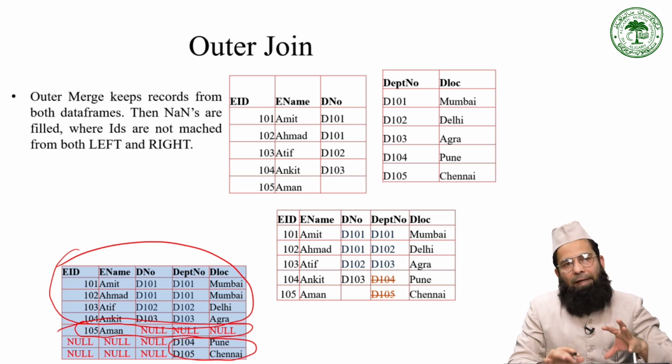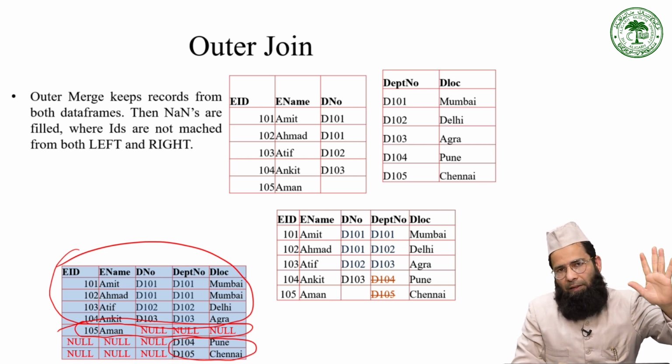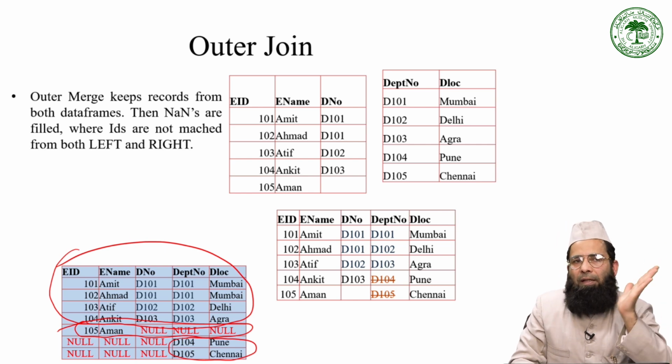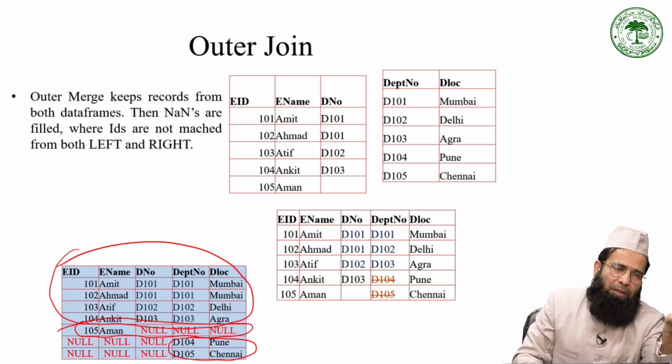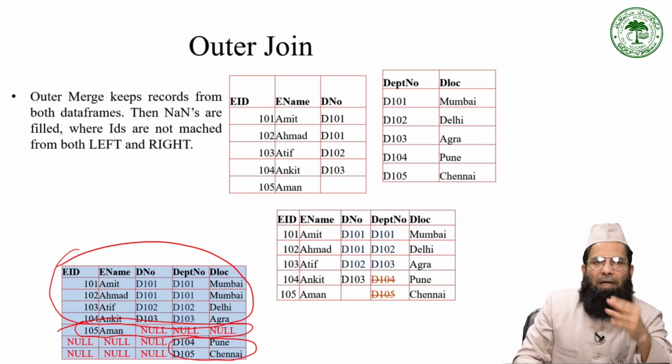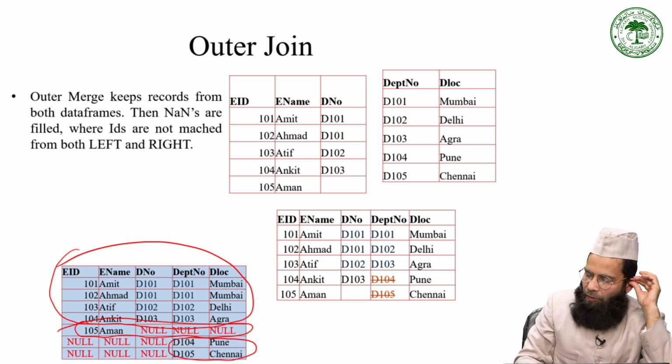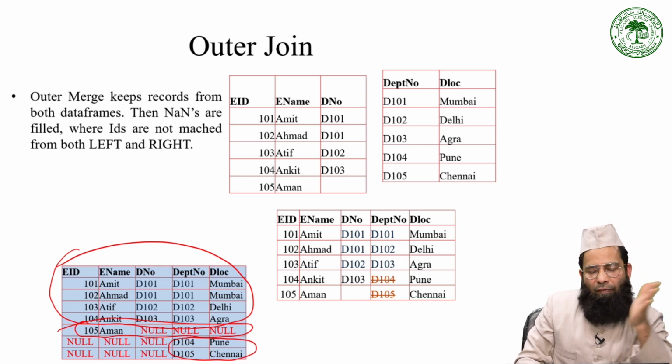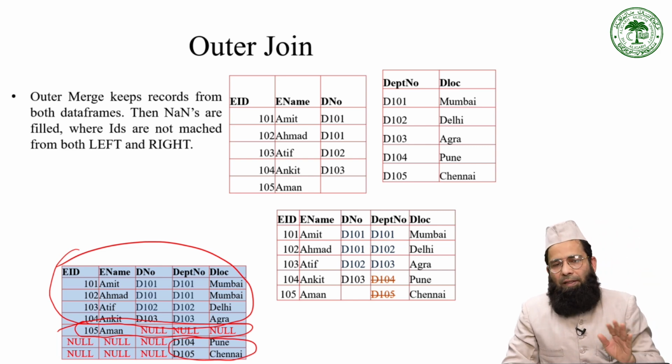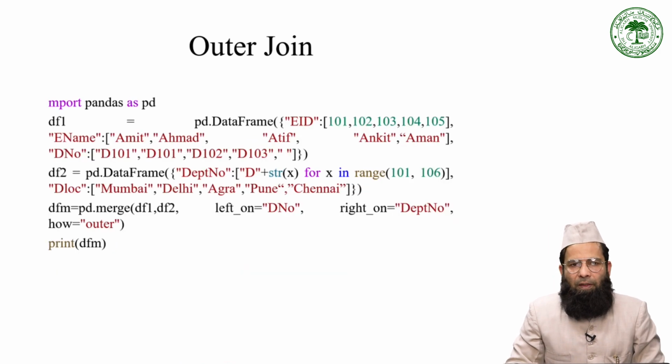It means outer join includes inner join data, or you could say data records of left outer join as well as right outer join. So it would include the union of left outer join and right outer join. So that is the outer join.